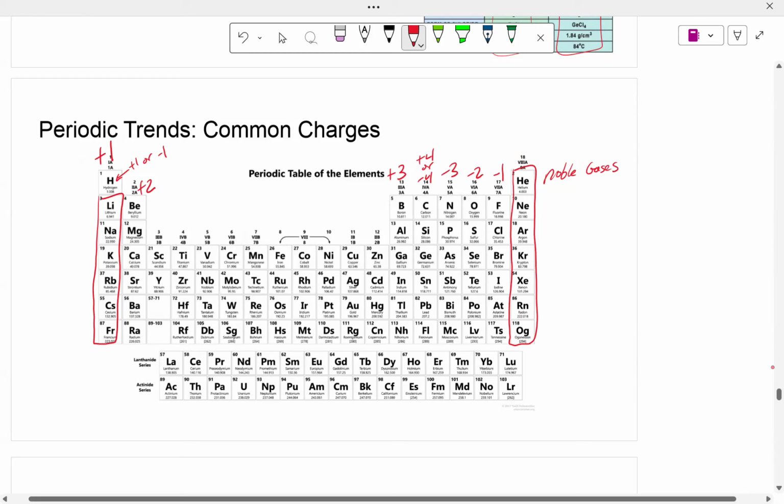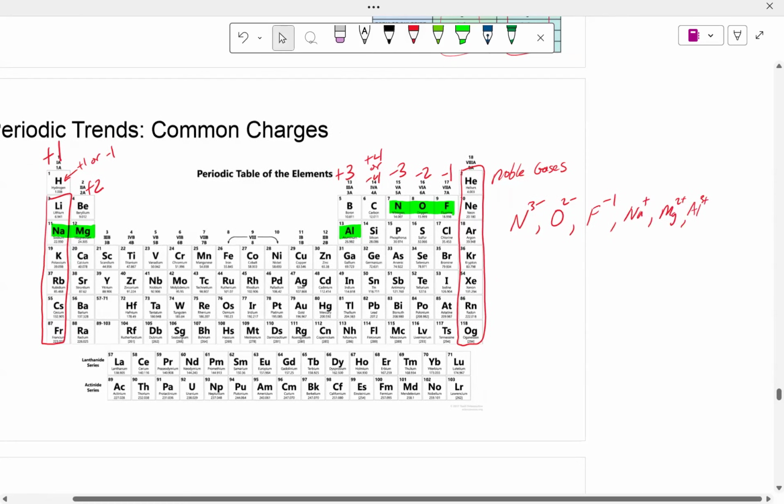Now, what I want you to do is look at nitrogen, oxygen, fluorine, and then sodium, magnesium, aluminum. So when those are ions, we have N minus 3, O 2 minus, F minus 1, and then sodium plus 1, magnesium plus 2, and aluminum plus 3.